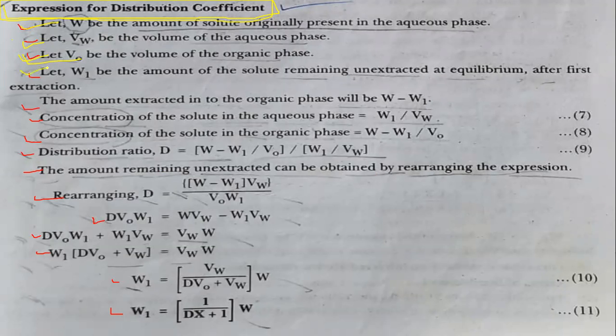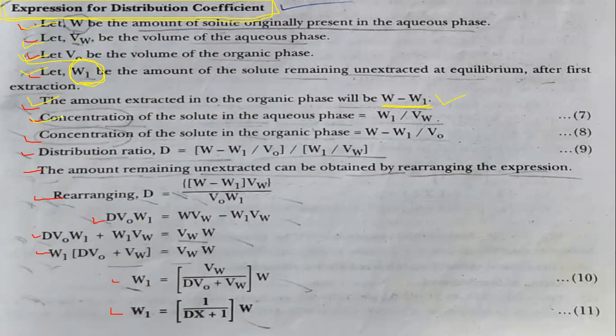And W1 is the amount of solute remaining unextracted at equilibrium after the first extraction. So W1 will be the amount of solute remaining in the water after the first extraction. I think it is clear to you. Now, the amount extracted will be the total amount minus W1. So this will be the amount extracted that can come into the petrol.